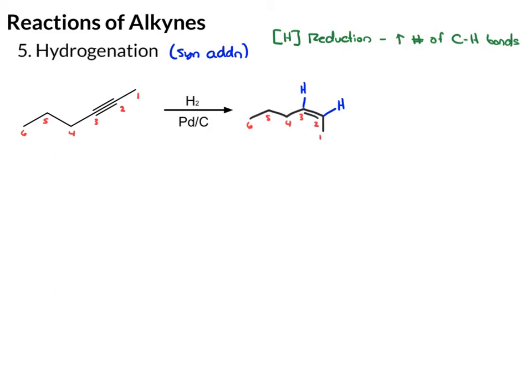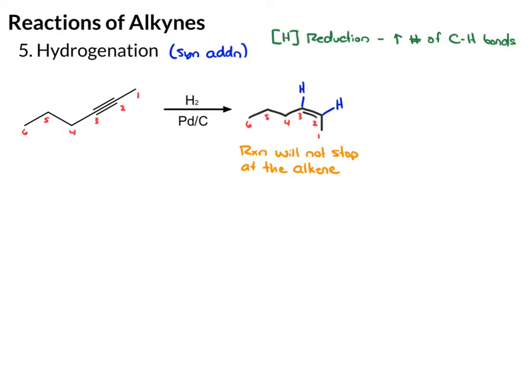And what that does is it keeps an atmosphere of hydrogen in the flask. Well, it's very hard to control 1 mole of gas to 1 mole of alkyne. So what will happen is this hydrogen, because it's in excess, it's going to continue to react and will further reduce the alkene.